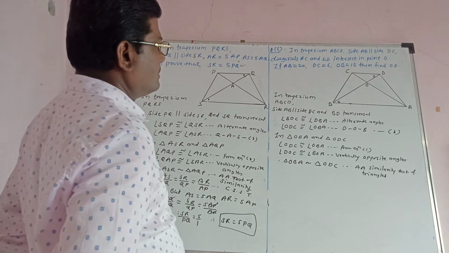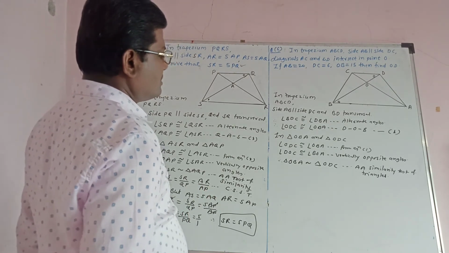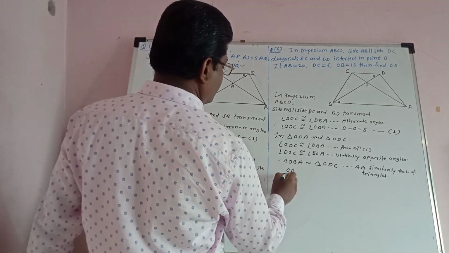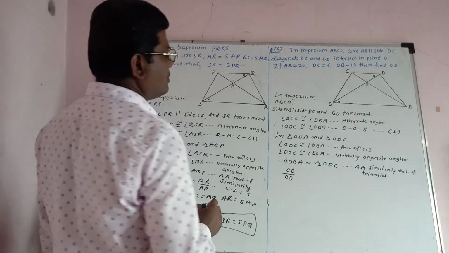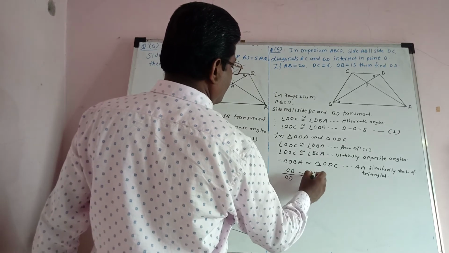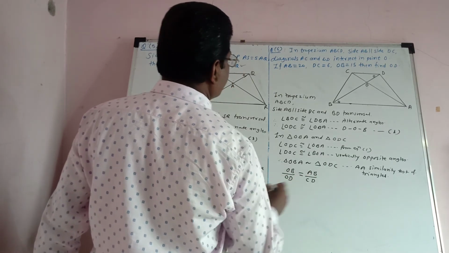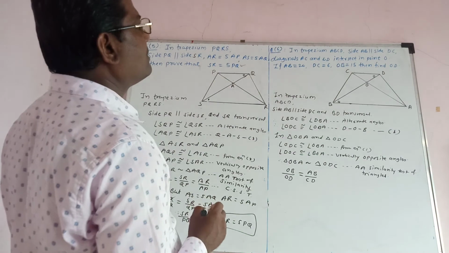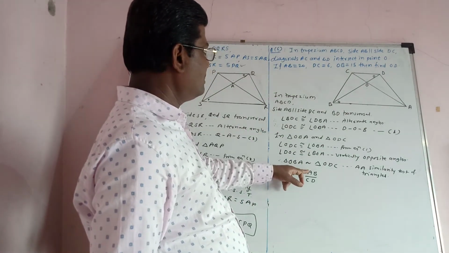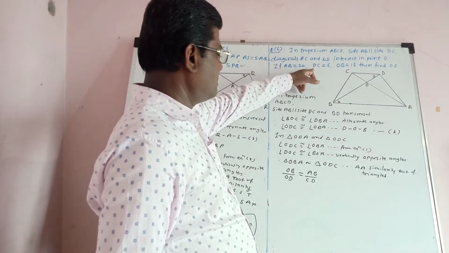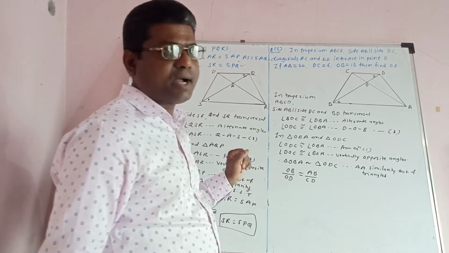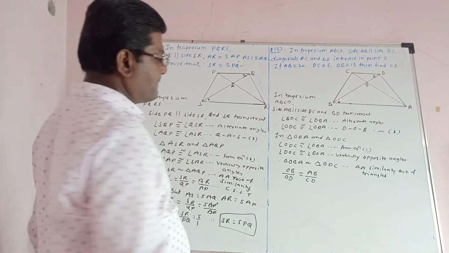Now take the ratio of corresponding sides: OB upon OD is equal to AB upon CD. AB is given as 20, CD is given as 6, OB is given as 15, and we have to find OD.